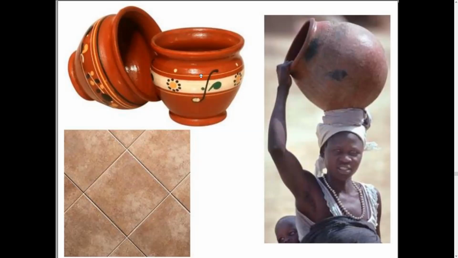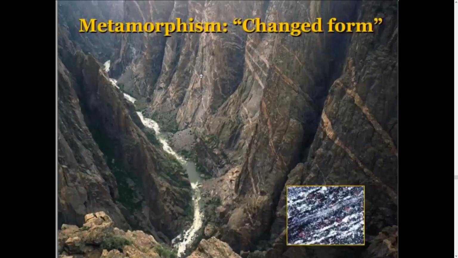That process is what we call metamorphosis, which basically means rocks that have been changed from one form to the other. So these were either sedimentary rocks, but because they were subjected to some kind of heat and some pressure, they ended up changing.